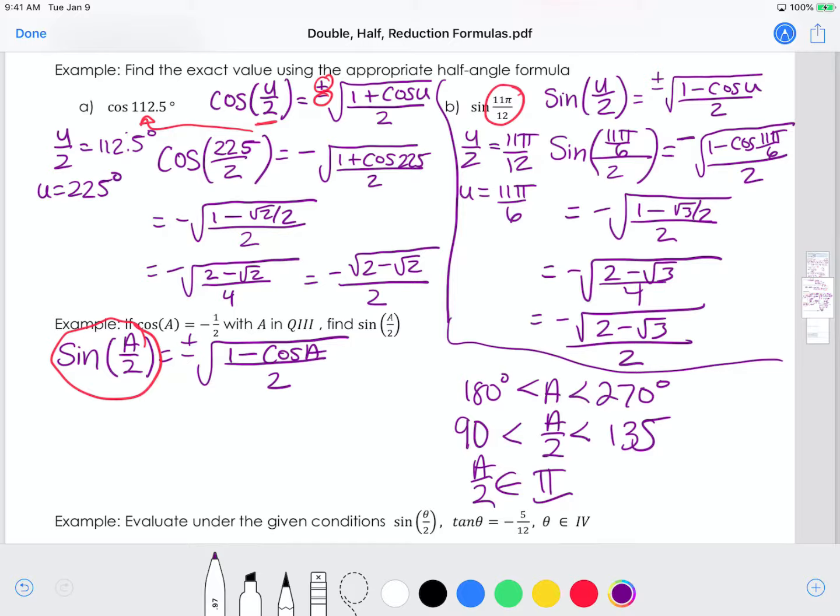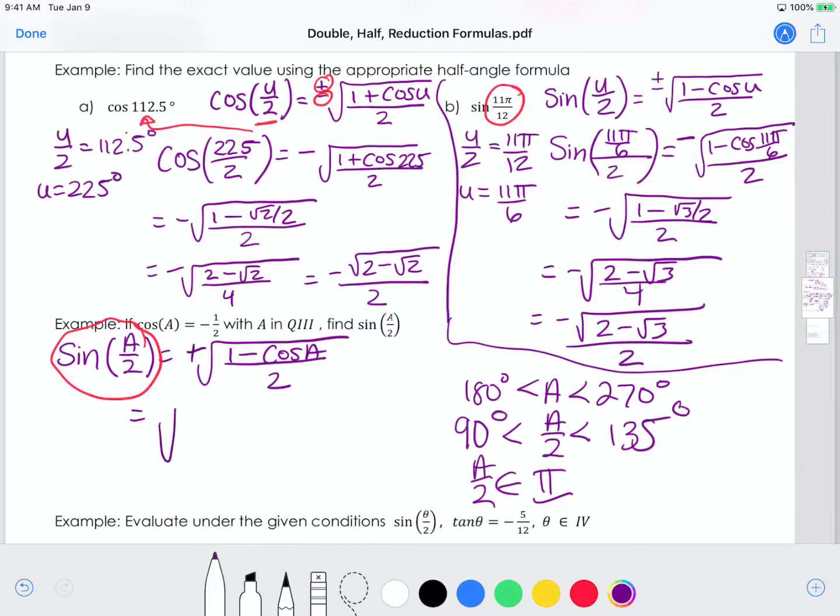The sine in quadrant 2 is positive, so I'm going to erase the plus or minus and just leave the plus. I'm using the positive square root in this case.